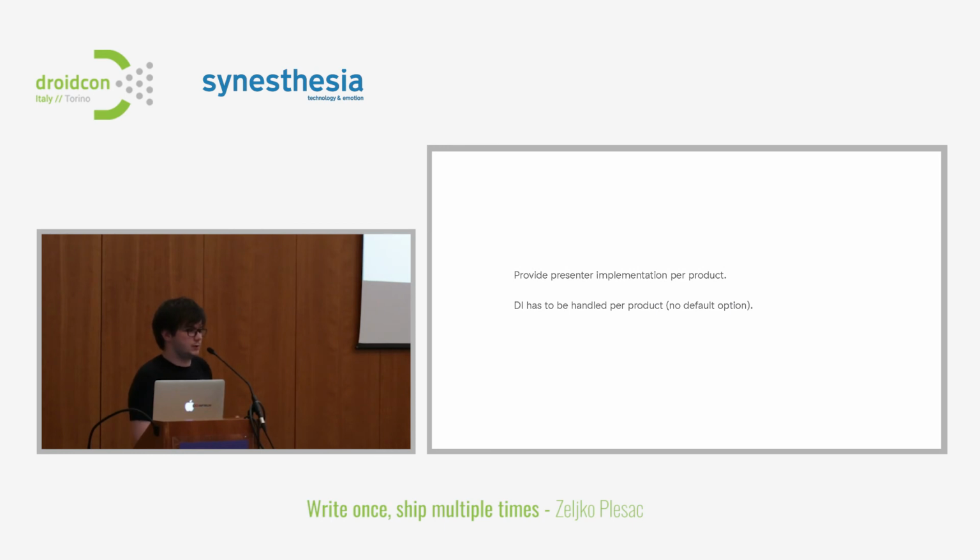Presenters are interfaces, and we provide presenter implementations per product. So basically, you extract the business logic to a presenter. You expose the API for that presenter with some interface, and then you provide an implementation of this interface per product type, and you can easily change the business logic, and you just use Dagger for injecting the correct implementation.